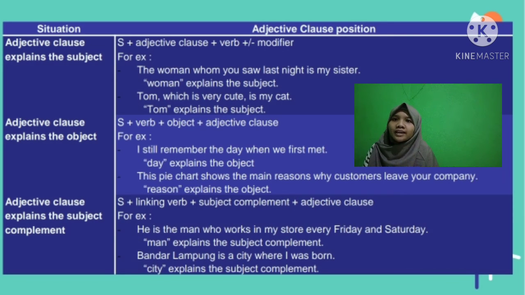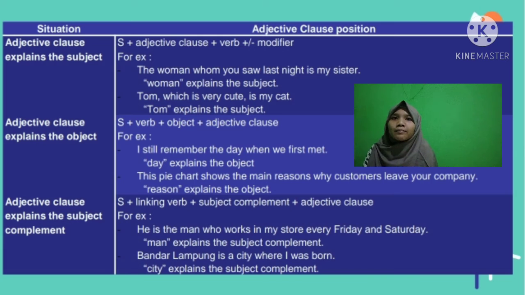He is the subject, is is the linking verb, the man is the subject complement, then who works in my store every Friday and Saturday is the adjective clause, which describes the subject complement, the man.